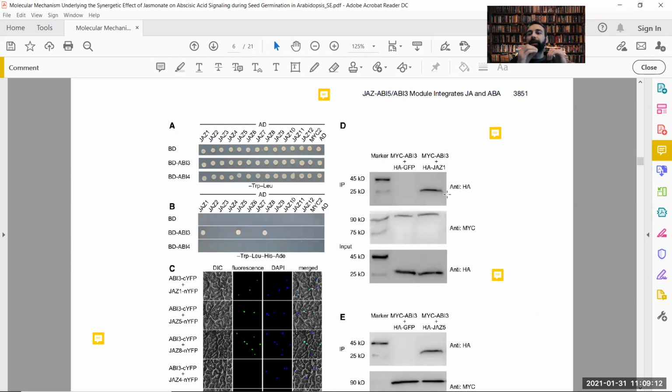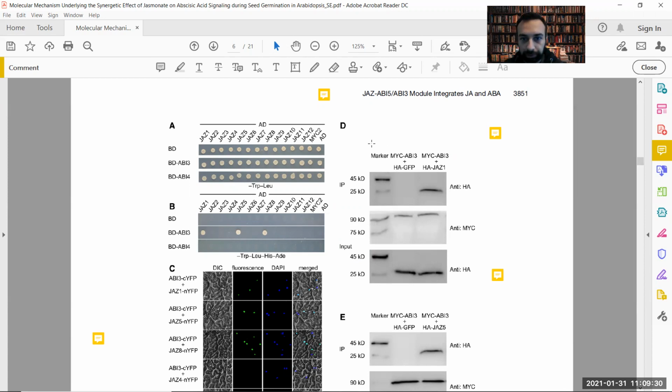Then in the fraction, we examine whether the other protein is found or not by blotting with the antibody of the second protein.